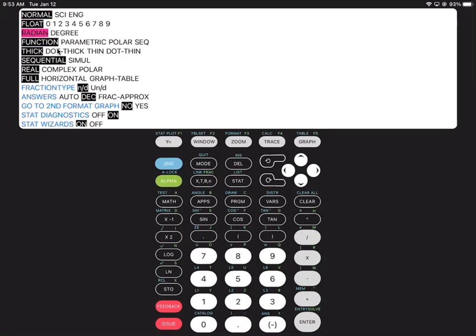You want to arrow down to radian and over to degree and hit enter, so that degree is highlighted. So you're hitting the mode button and then arrowing down and over, hitting enter so that degree is highlighted. Once you've done this, you can hit second mode or just the clear button, and it'll take you back to the regular screen.